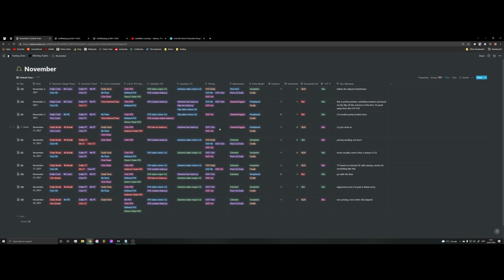As I said, I will share this table template with you so you can use it and add stuff and take away stuff according to how you want to map your data.